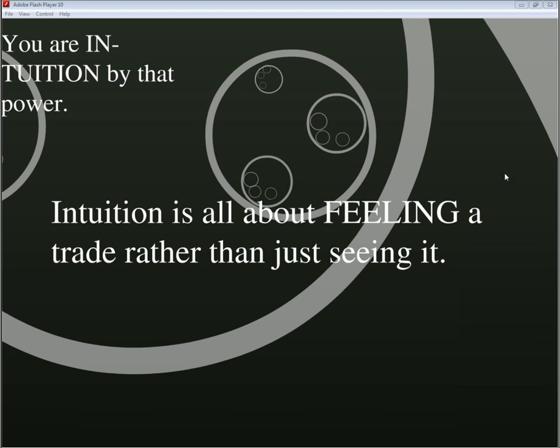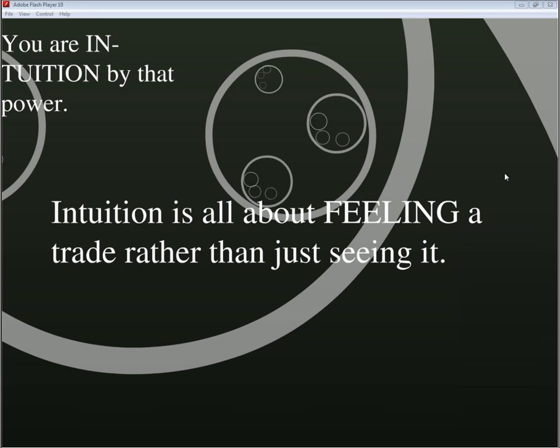And with the unconscious mind, one of the most powerful ways to become in tune with it is to sense the feelings within your body, rather than think everything through logically.